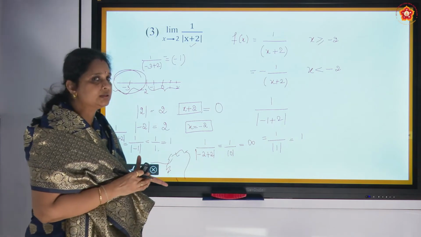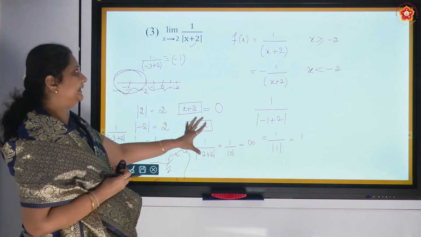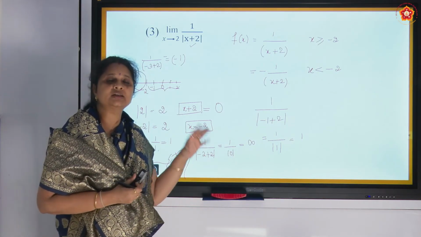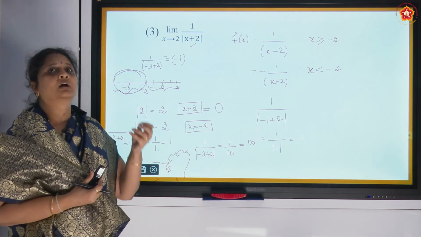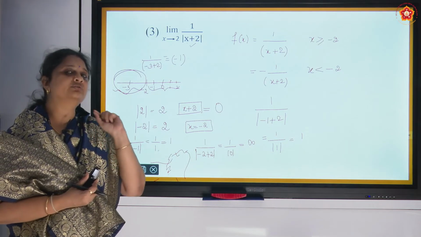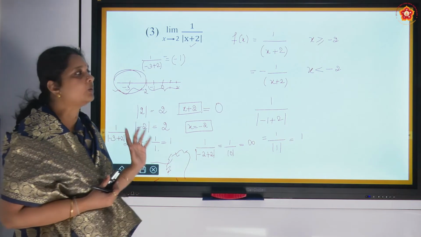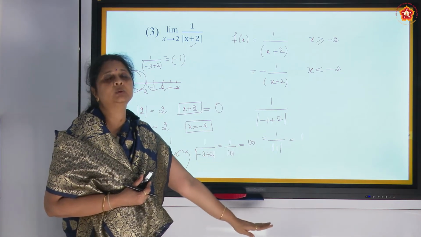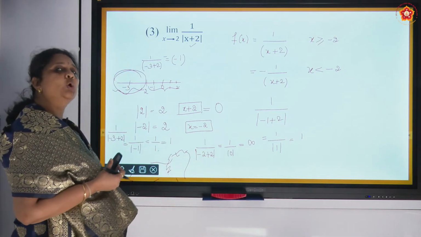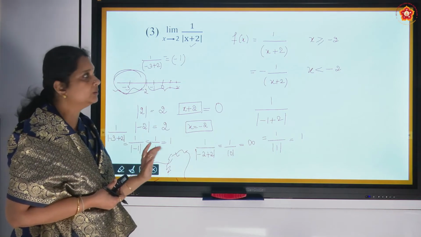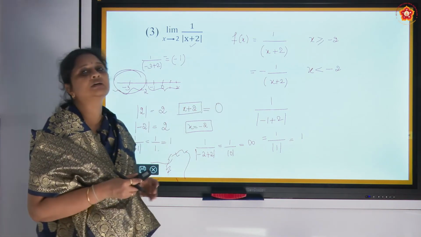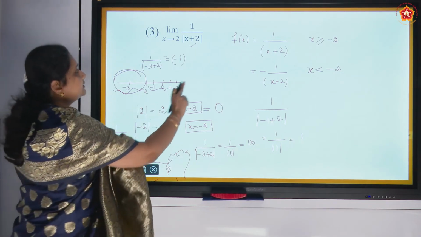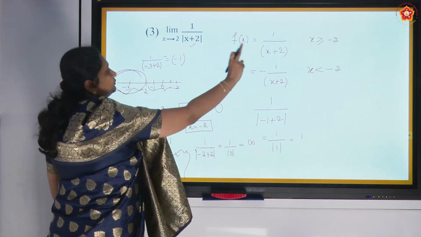So how do we do this? In short, I'll quickly recap. Take the algebraic expression that's given in the function inside the absolute value, equate it to 0, and find the value of x. Now observe the function beyond that particular value, below that particular value, and on that value, and redefine the function the way it behaves. So this is the new definition of the function.